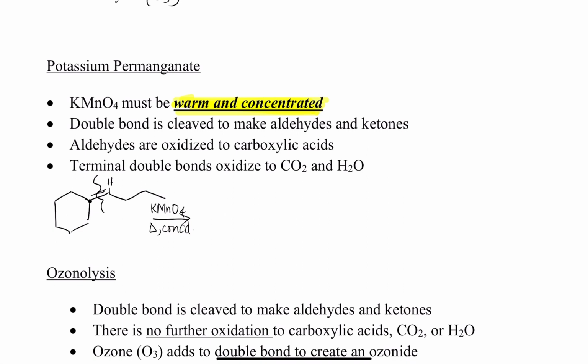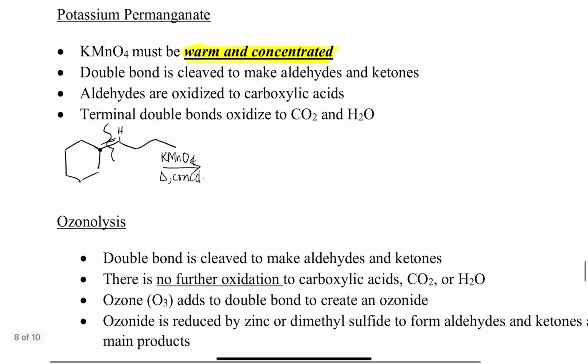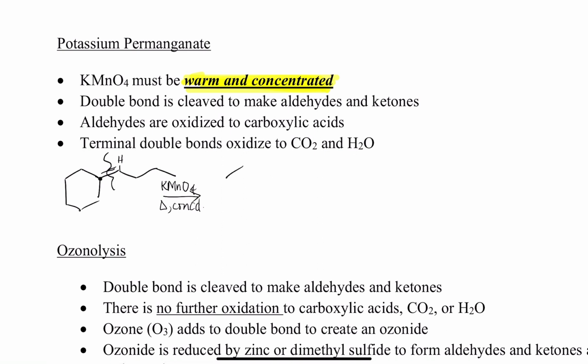So on the left side of my double bond, I have my cyclohexane and then my carbonyl group. On the right side of my double bond, I have a hydrogen and then 3 carbons, so a propyl group.